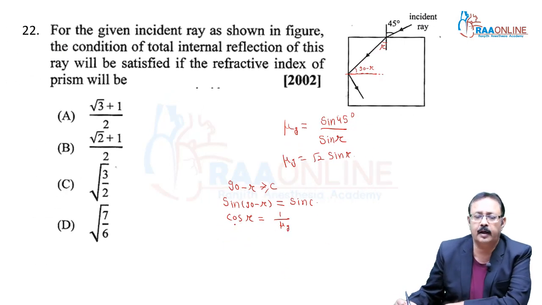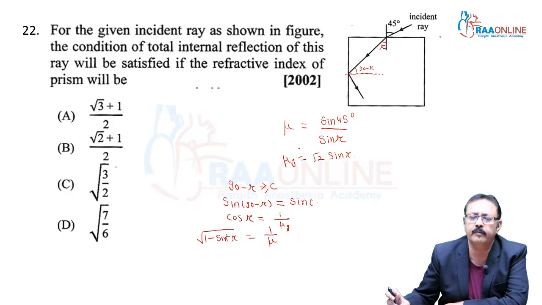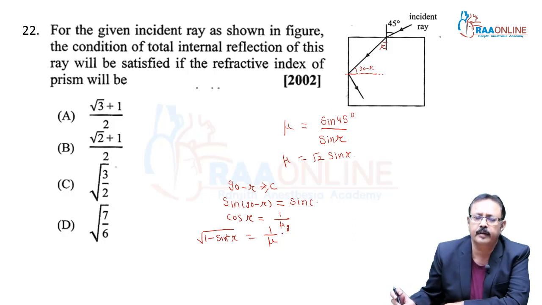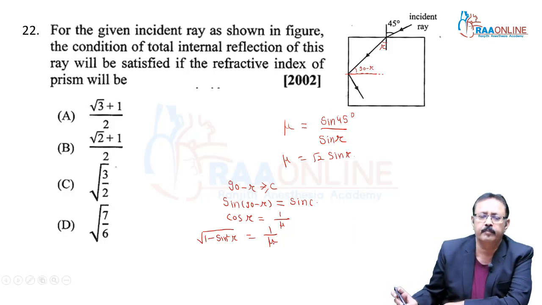But what is cos R? Cos R is under root 1 minus sin square R. It should be 1 upon mu. Not writing mu g, we are writing mu only.